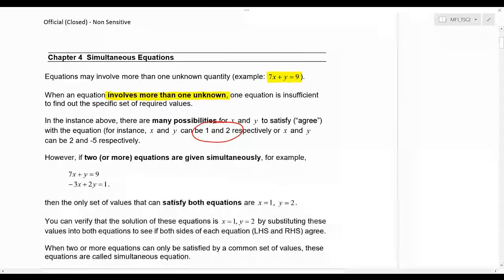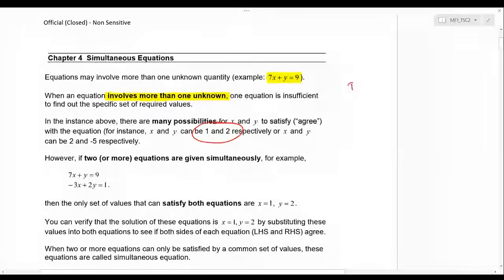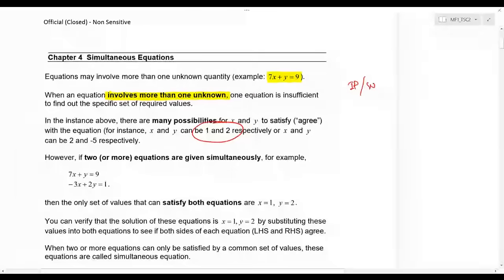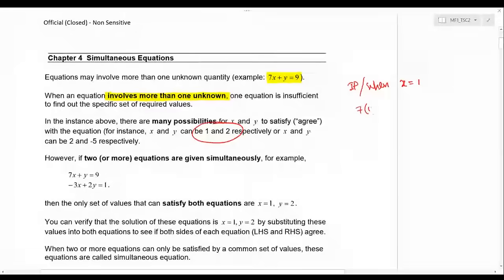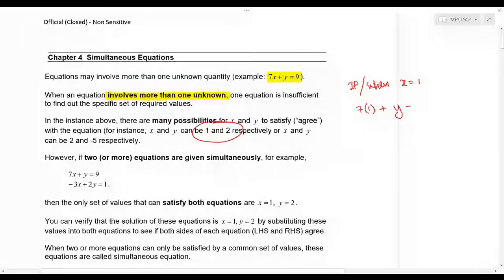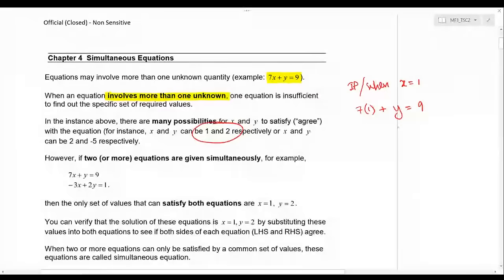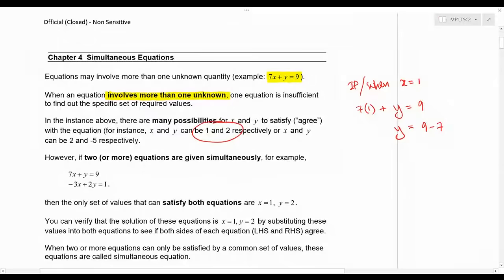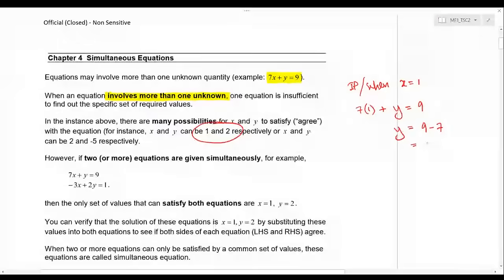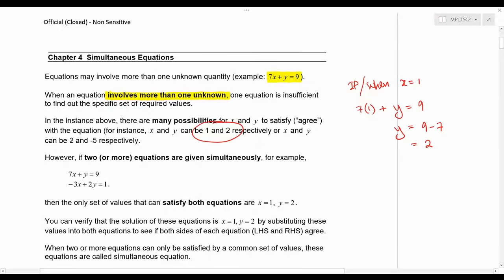Given in our textbook, if x is equal to 1, then we know that 7 times 1 plus y would be equal to 9. You see, y is going to be dependent on the value of x itself. So if x is 1, then 7 times 1 plus y is equal to 9.